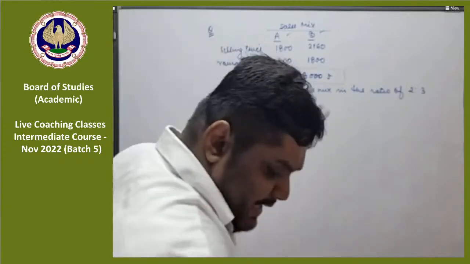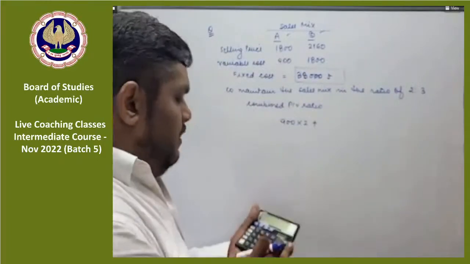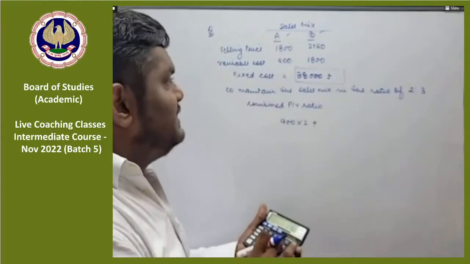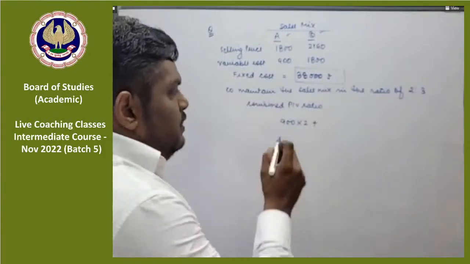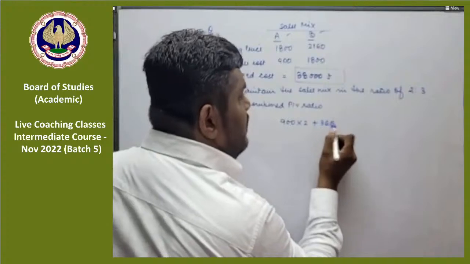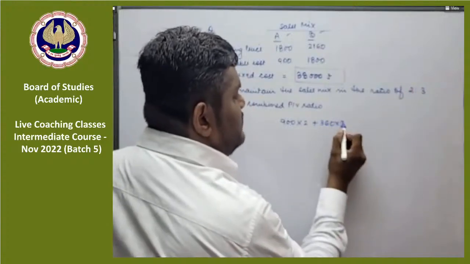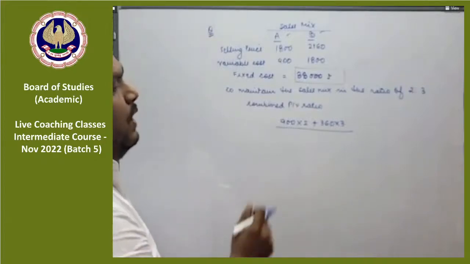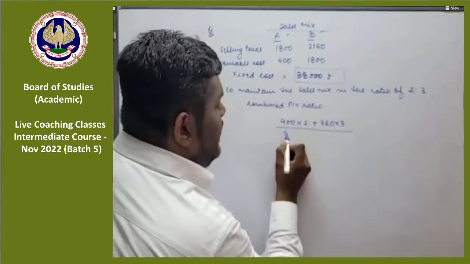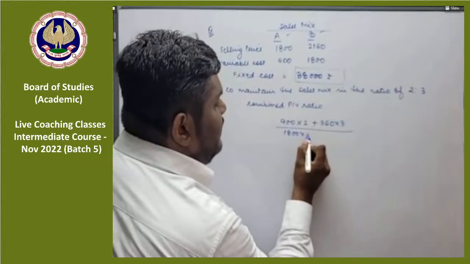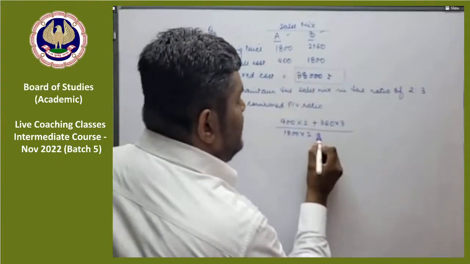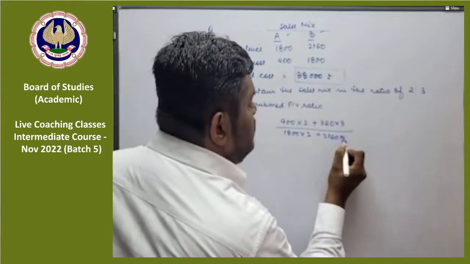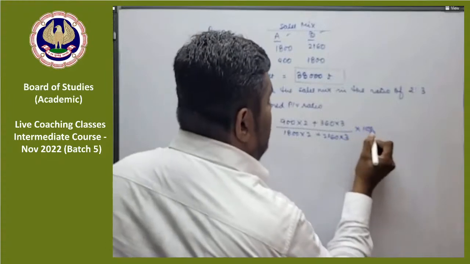Plus in the second case, my contribution will be 2160 minus 1800, so that is 360 multiplied by the weightage, that is 3. Divided by sales, when talking about the sales also 1800 into 2 plus 2160 into 3, into 100.